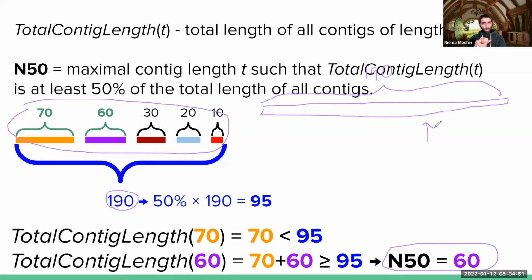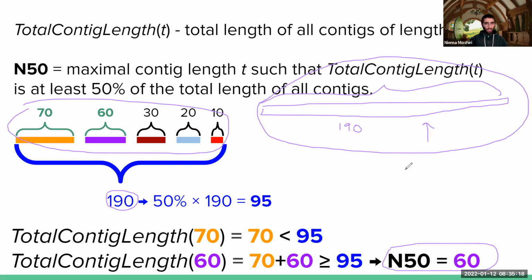So what's the best possible scenario? Best possible scenario is that I sequenced it in one go. So I got the entire genome in a single contig. So you're actually correct, but how does that look? Let me actually move this number, I put it in the wrong spot. So let's say my genome actually is 190 letters long.